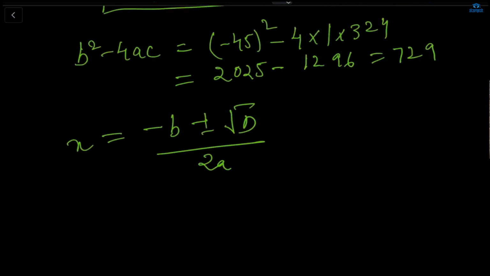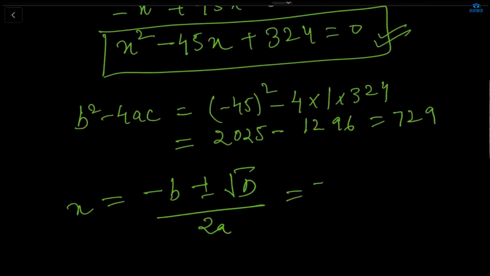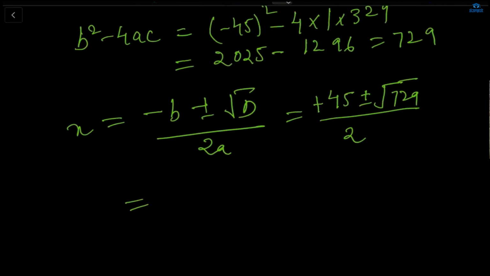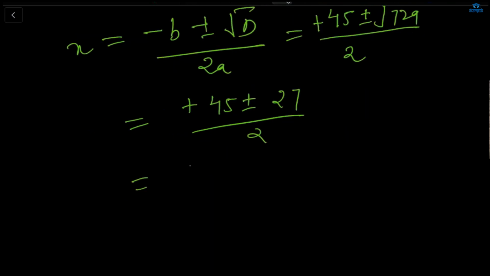So if you place it here, minus b value will be plus 45 plus minus root 729 upon 2. You need to find the root value, 27. One time you take plus 27 upon 2, and one time minus 27 by 2.